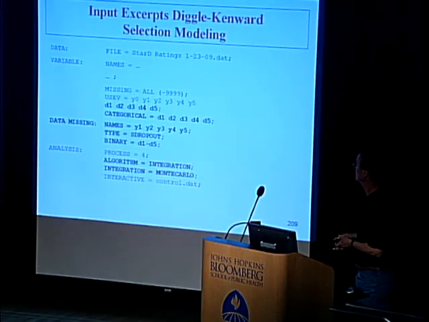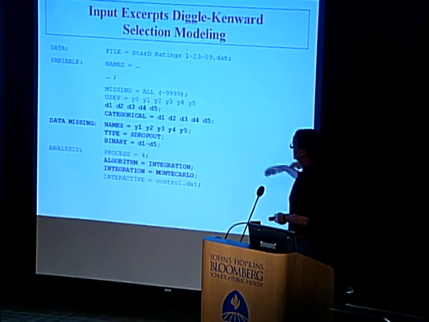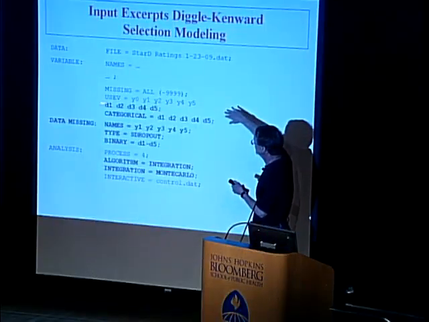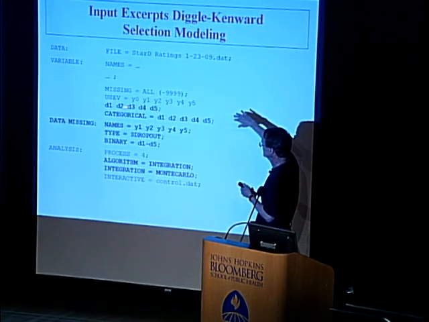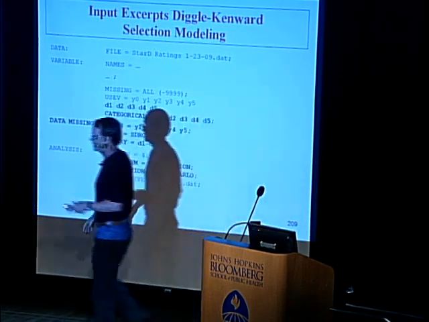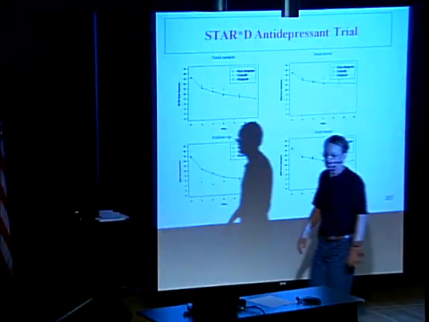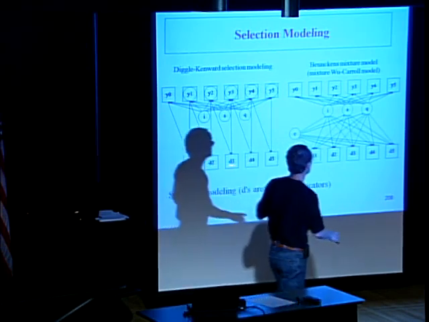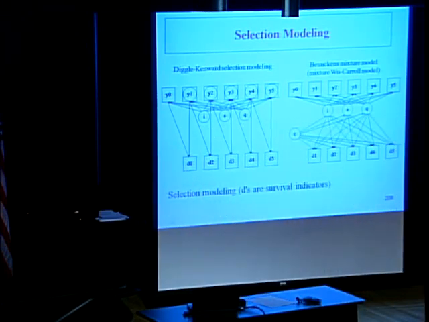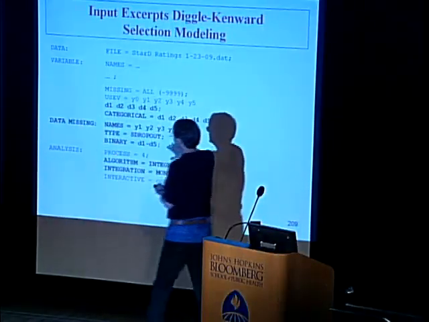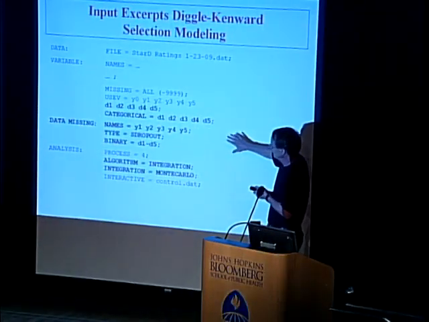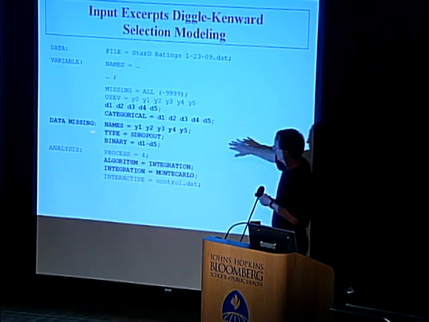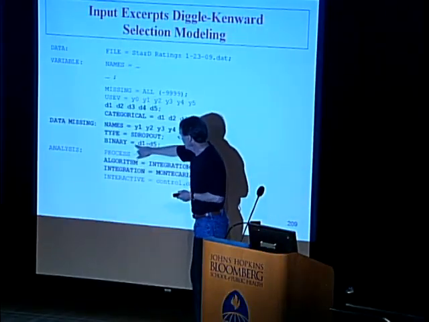Here's how you set up Diggle-Kenward with a simplified setup. First of all, the use variables are these D's, these dropout indicators. And they are declared as categorical because they are dependent variables. They're binary. And now we're going to have a new feature in version 6, data missing, where for the y variables that we consider, we're going to define a set of binary variables.